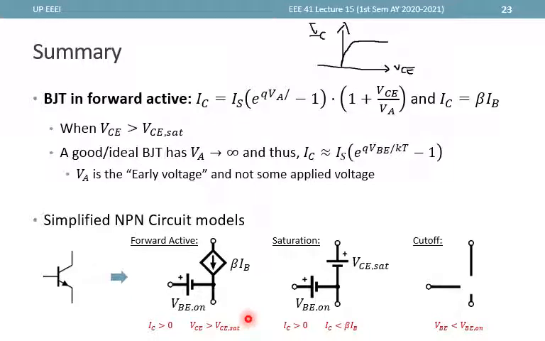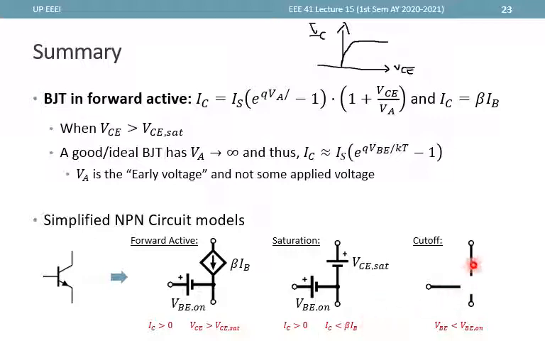For saturation, we have two constant voltage sources, one VBE on and one VCE sat. The condition is that the currents must be positive, but IC must be less than beta IB, since this is the maximum current. In saturation, we expect something less than the forward active current.